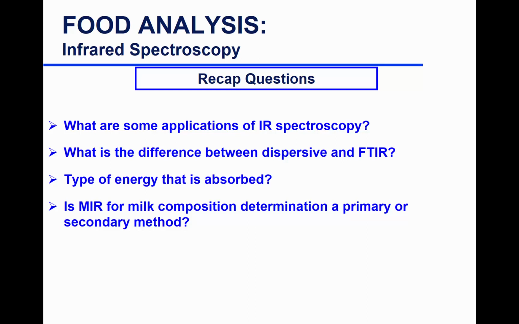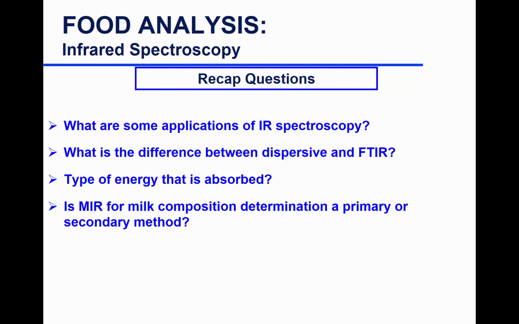Is mid-IR for milk composition determination a primary or secondary method? Again, what's the definition of a primary method versus secondary method? When we say primary method, what do we mean by that? Lauren? Official and validated method. So that's why it's called primary method.